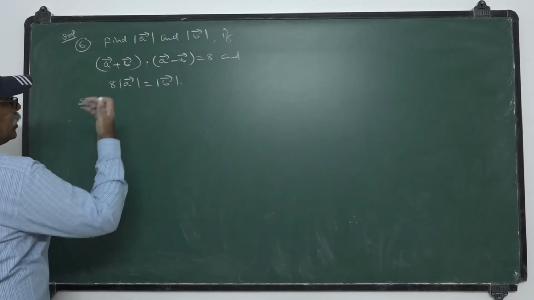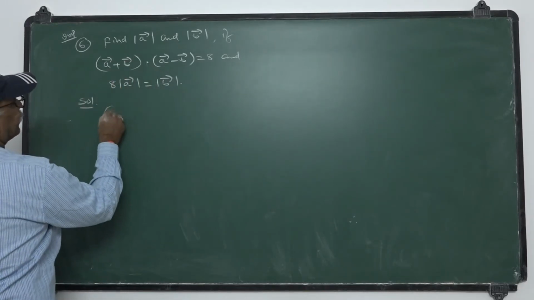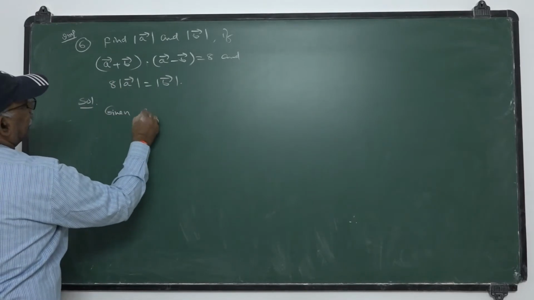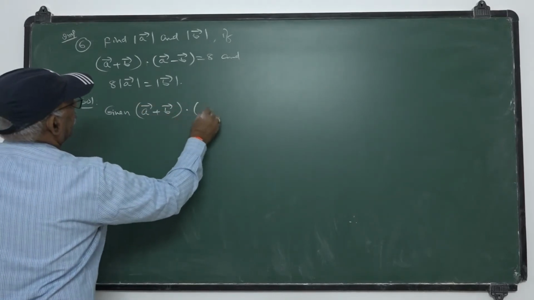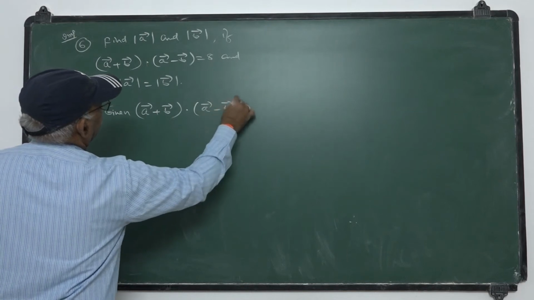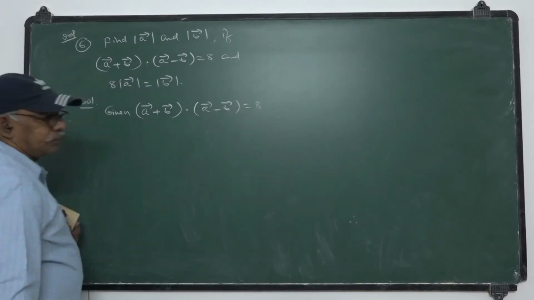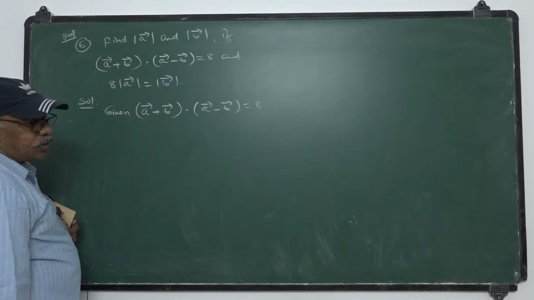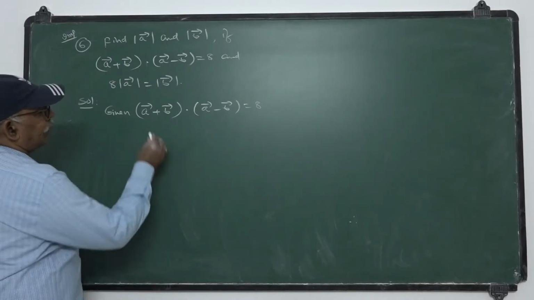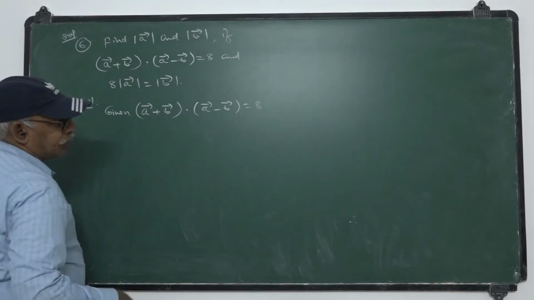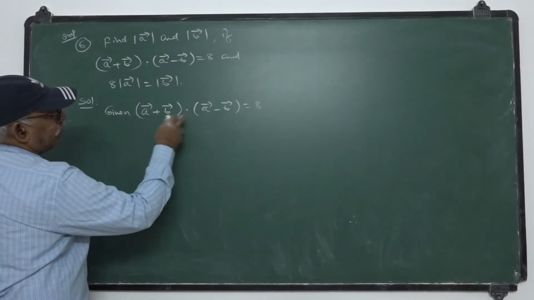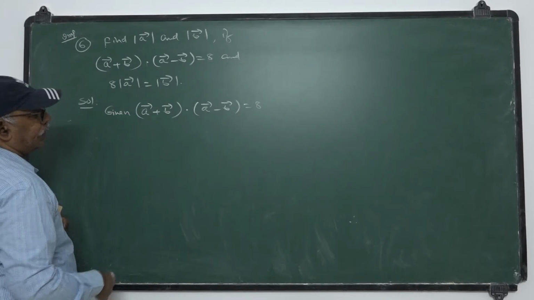So, analyze the given conditions. This is A bar plus B bar dot A bar minus B bar is 8. Since dot product is distributive, you can apply the distributive law for evaluation of this product.